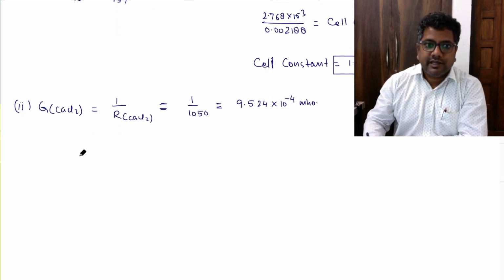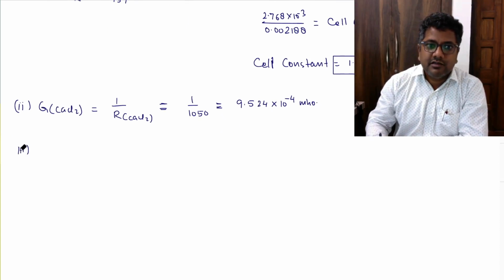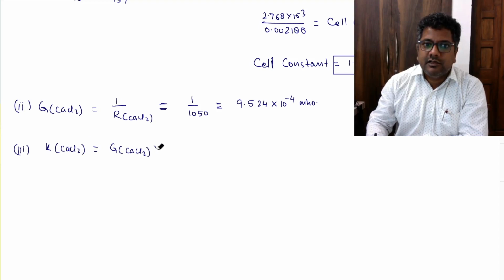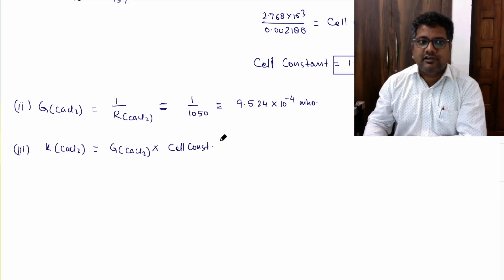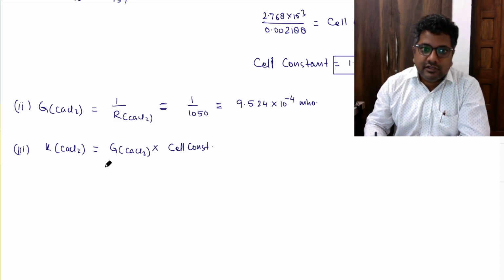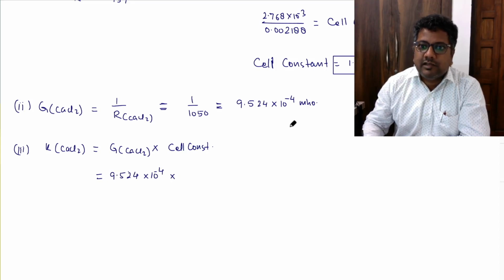Now see the third part: kappa for CaCl2 is equal to G for CaCl2 into the cell constant. And you know the cell constant is constant now. So this is equal to 9.524 into 10 to the power minus 4 multiplied by the cell constant 1.265.